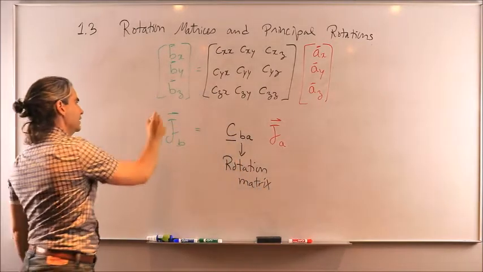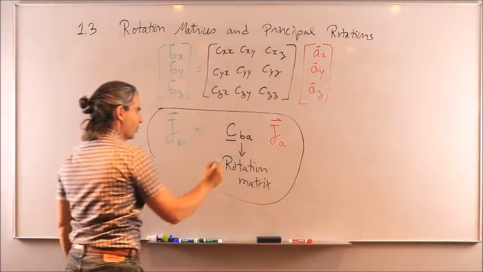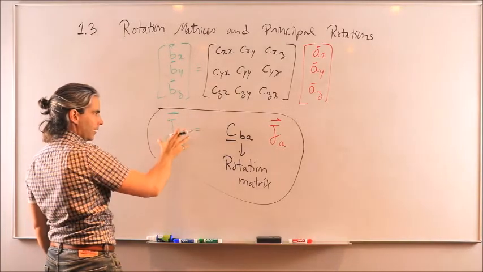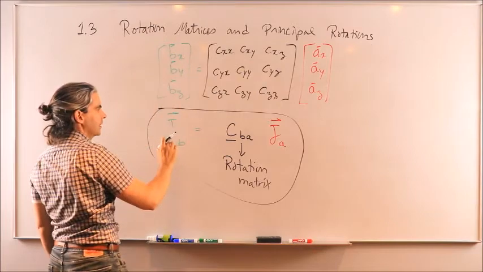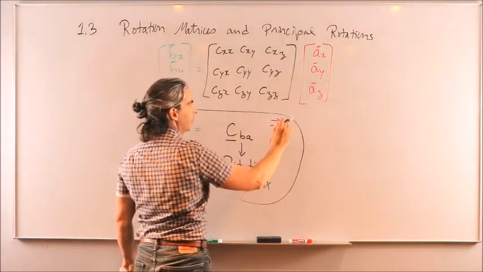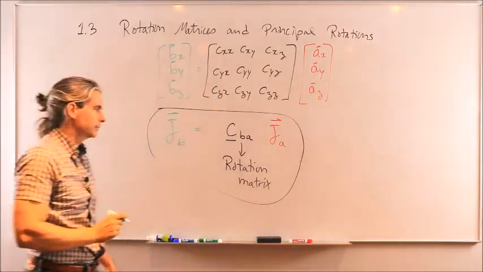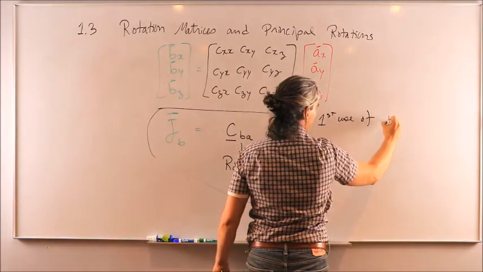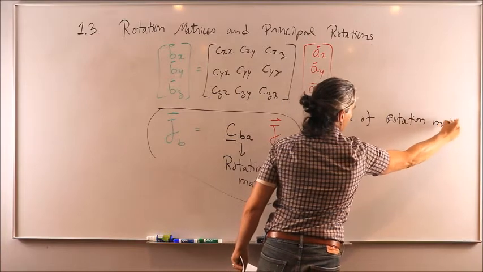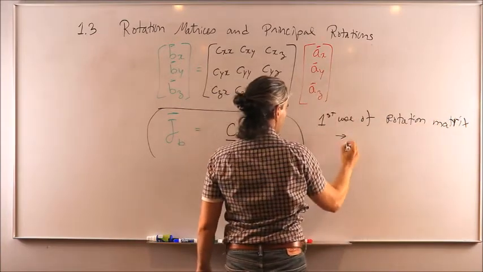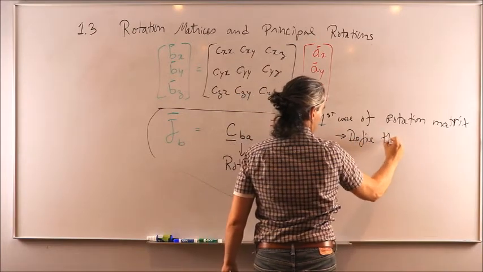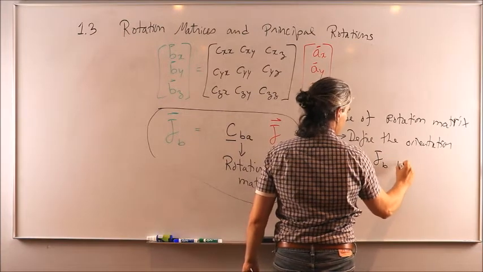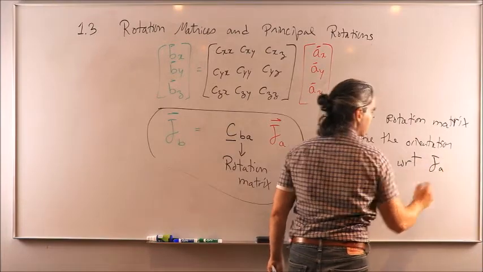As you can easily see from that very simple, elegant expression, the role of a rotation matrix is to define or express the orientation of this particular reference frame, mathematically defined through its 3 unit vectors bx, by, bz, with respect to another reference frame, defined through its ax, ay, az unit vectors. So the first use of a rotation matrix is to define the orientation of reference frame B with respect to reference frame A, but not the other way around.